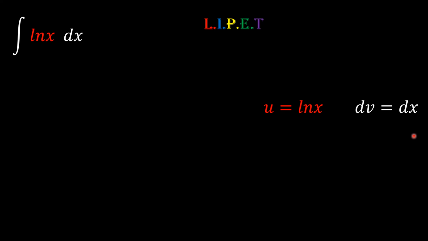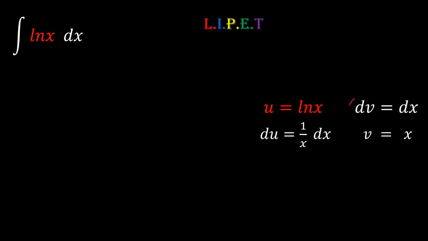Now we are differentiating u. You get u equals ln x, which will give us du equals 1 over x dx. And then integrating on the right side, the integral of dv is just v, and the integral of dx is just x. I just want to show you what we are doing on the right side.